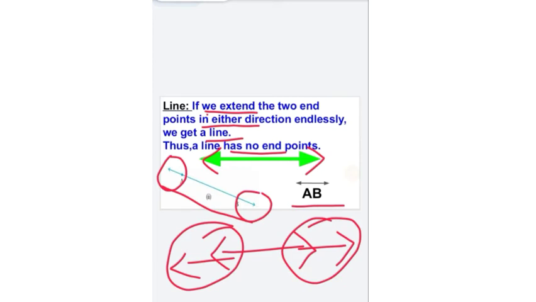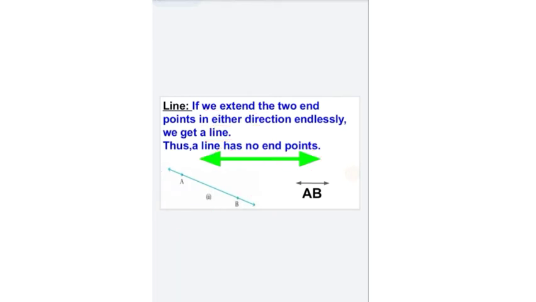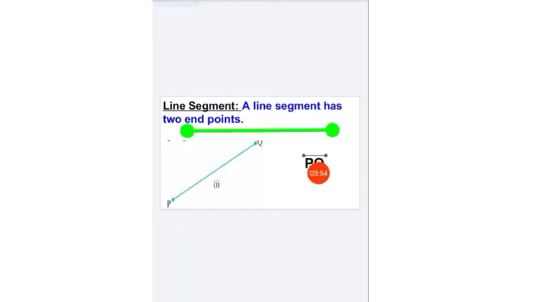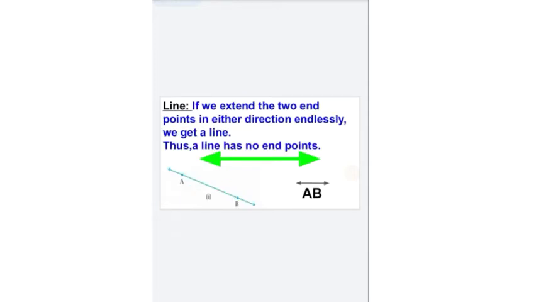But as in the case of a line segment, where we learned that we have to put a line segment bar above the letters, for example PQ, similarly in the case of a line, we put a small line with two arrows on both of its sides, which represents that it is a line.